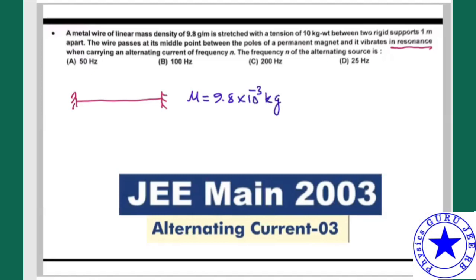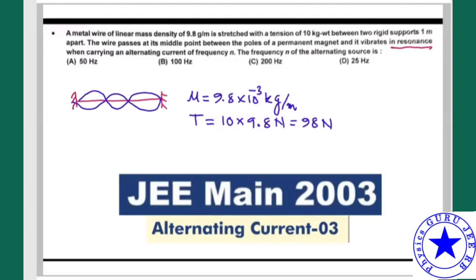I'm converting this into kg per meter first. Next, tension is given. Tension is 10 kg weight. If I take it as 10 into 9.8 newtons, which is nothing but 98 newtons. Now, when it is stretched, it will produce the waves like this, right?